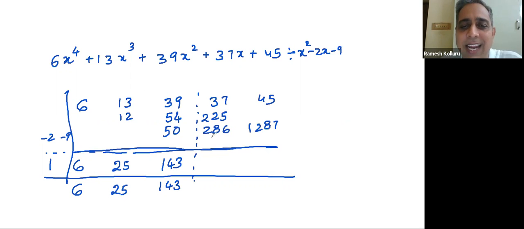So here just add the numbers. 4 plus 1 is 5. 8 plus 2, 10 plus 3, 13.